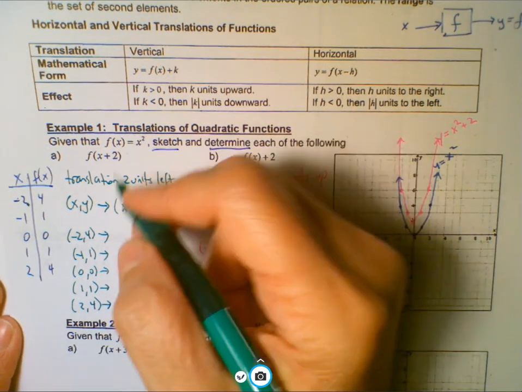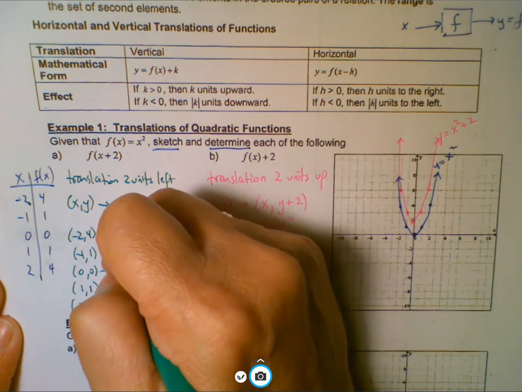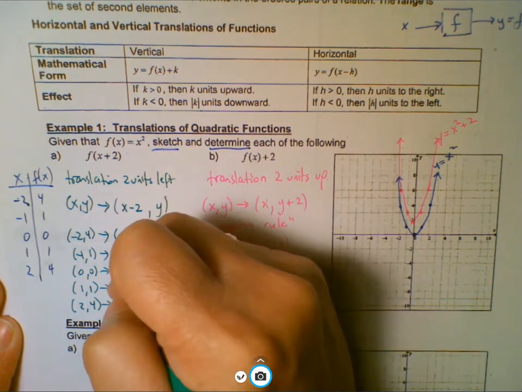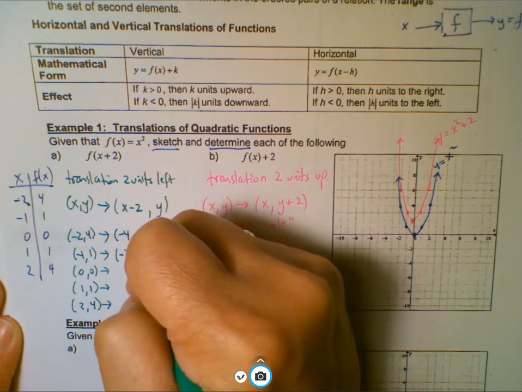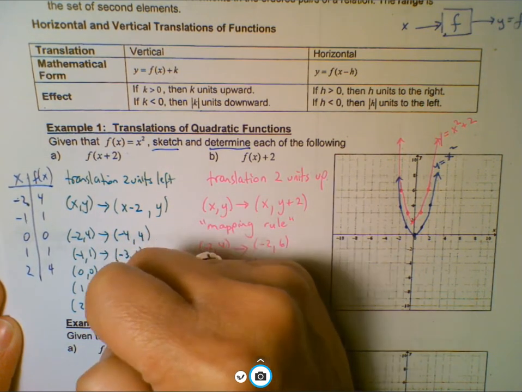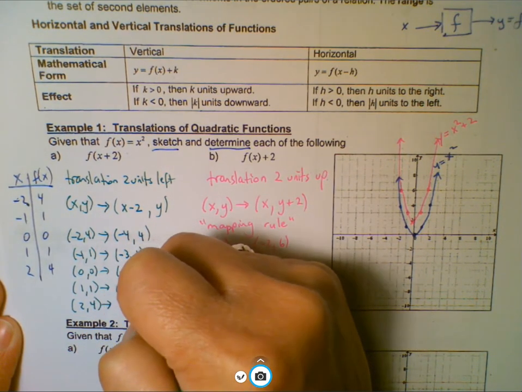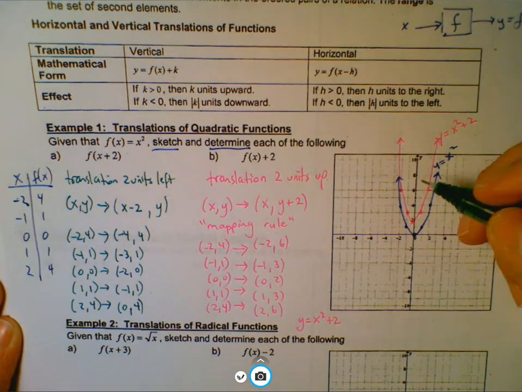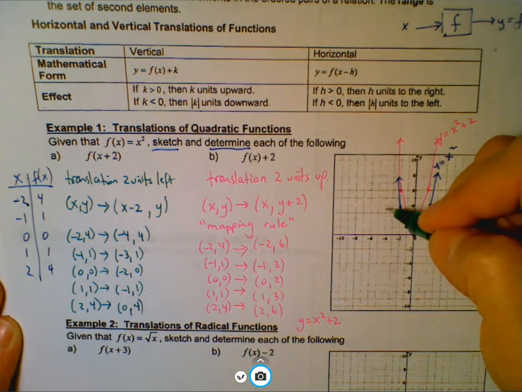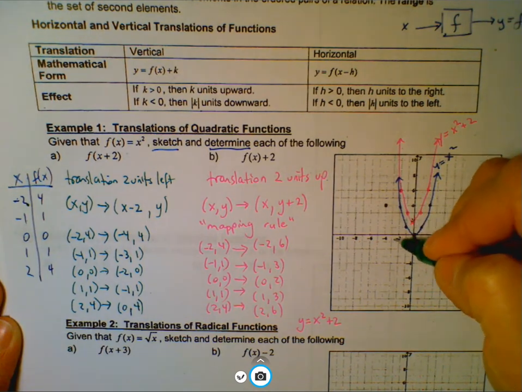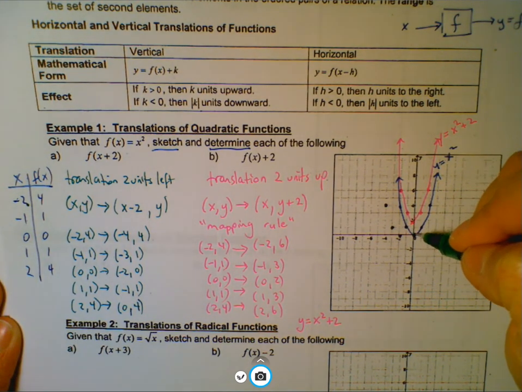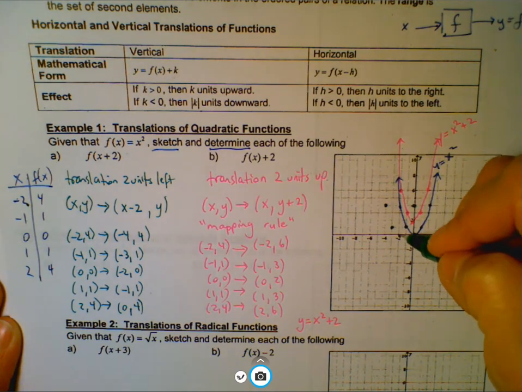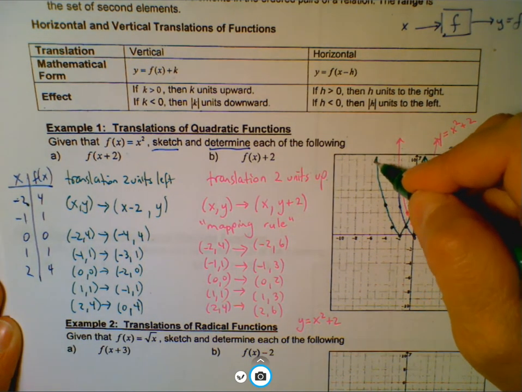I'm going to be subtracting 2 from every x. So I'm going to get -4, but the y is the same. -3, 1, -2, 0, -1, 1, 0, 4. Okay, and so now I'm going to put them on. So -4, 4 is here, -3, 1, -2, 0, -1, 1, and 0, 4. And now I have this green one here.